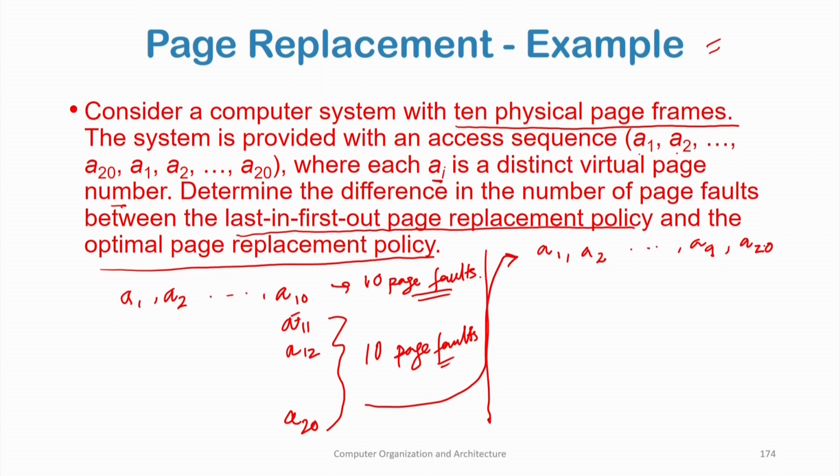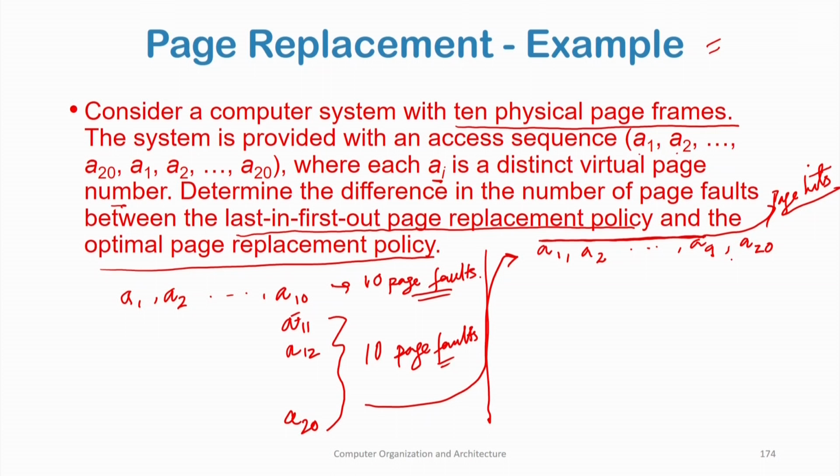Therefore, the next set of 9 accesses do not result in a page fault in the last in first out page replacement policy. These will be page hits.